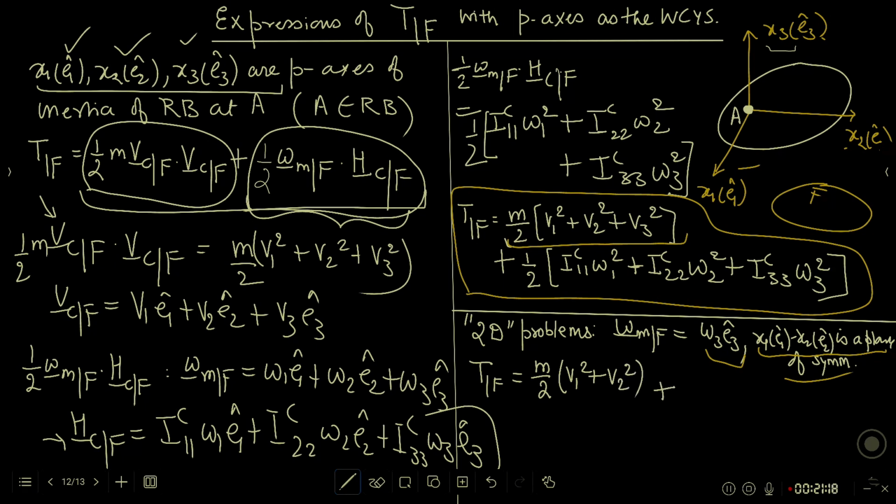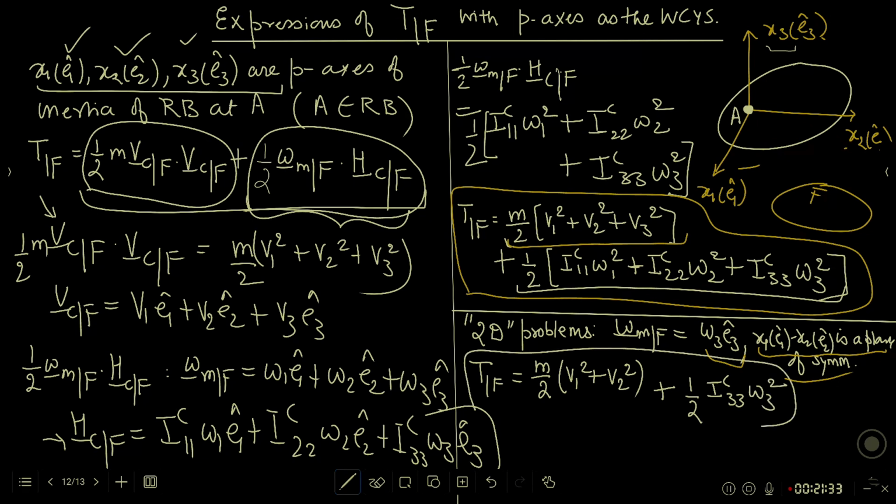So if you are dealing with a 2D problem, do not worry about all these long expressions that I derived earlier. This should be your starting point. IC33 omega 3 square.